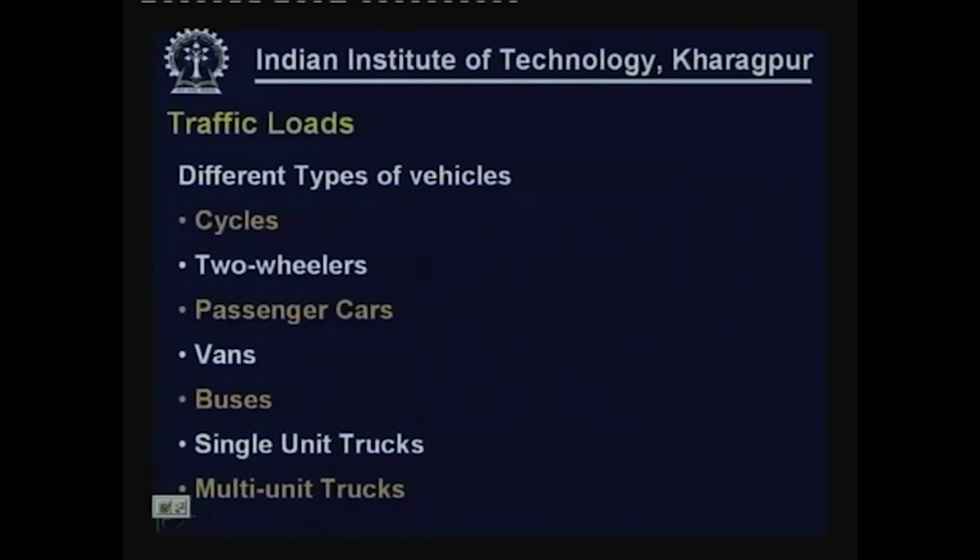We have to consider which one of these vehicles are important for pavement design, which specific parameters need to be considered as inputs for pavement design.